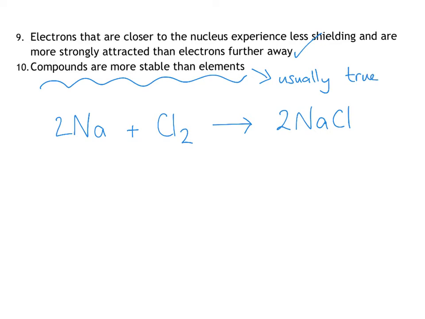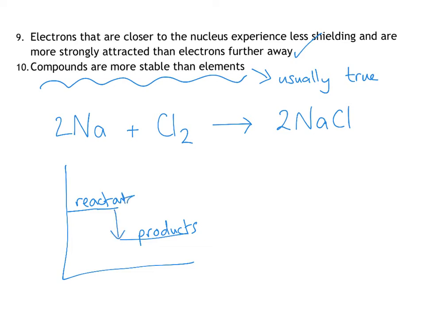Normally, when you make a compound, you give energy out, which means that if we were going to do a little energy level diagram, you would have reactants here, products here, and products would be lower in energy, hence what we mean by more stable.